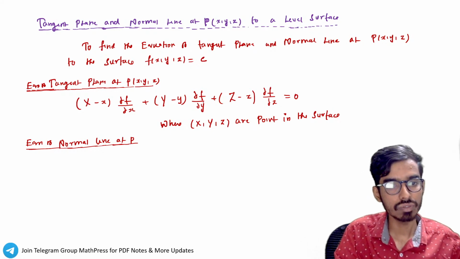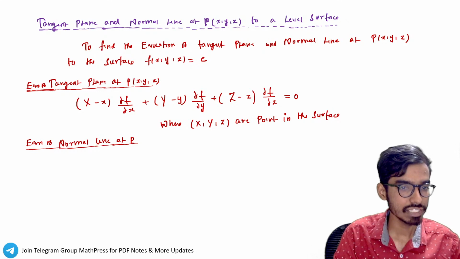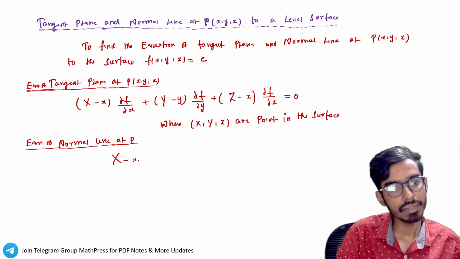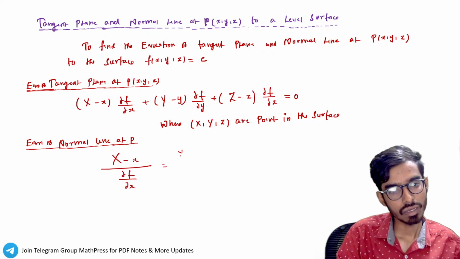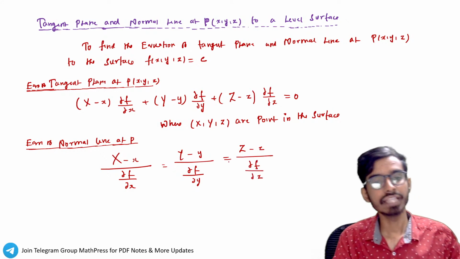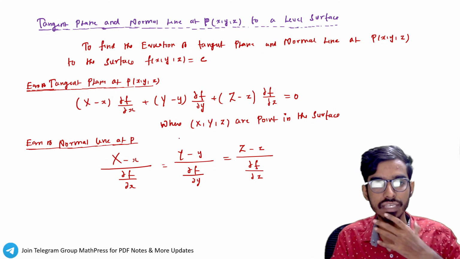The equation of the normal line at P is given by (capital X minus small x) divided by dou f by dou x equals (capital Y minus small y) divided by dou f by dou y equals (capital Z minus small z) divided by dou f by dou z. So from an exam point of view, you just remember these two things.